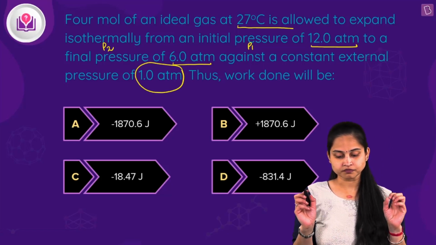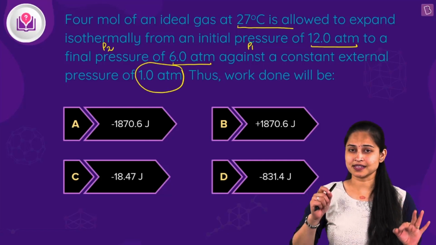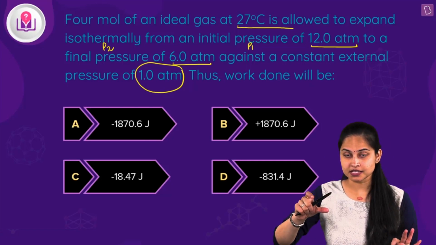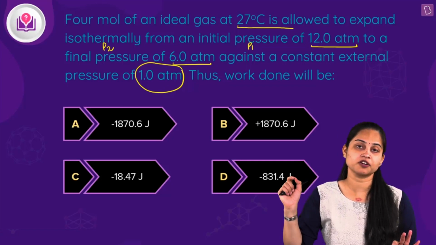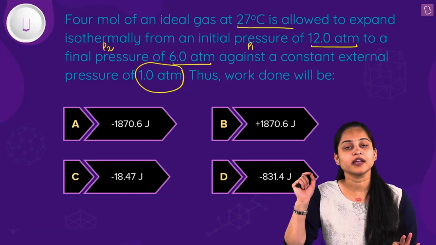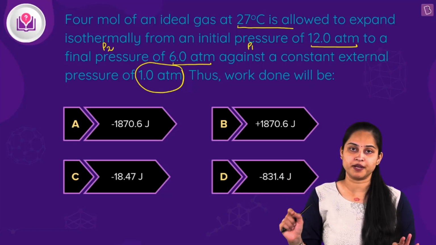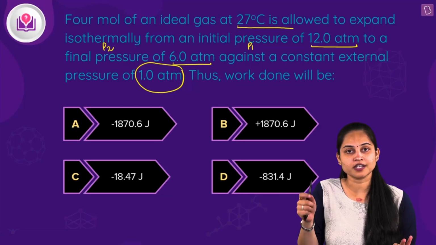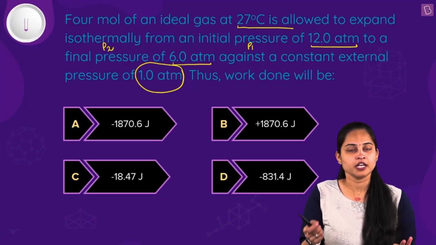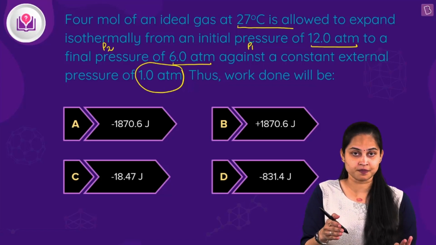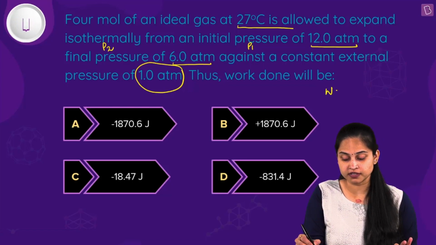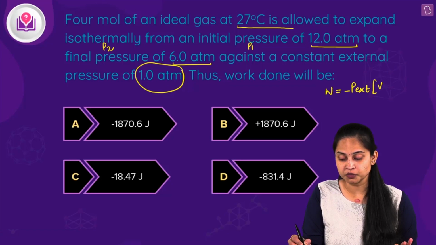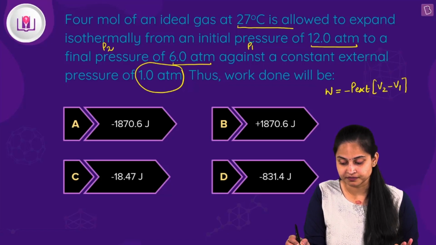That means the gas is expanded against constant external pressure, which means the work is done by the system. If work is done by the system, work will be negative. I can write work done is equal to minus P external times (V2 minus V1).